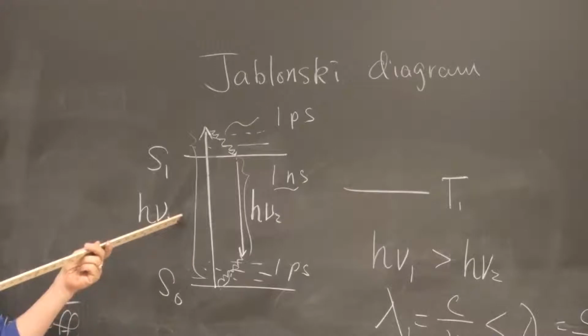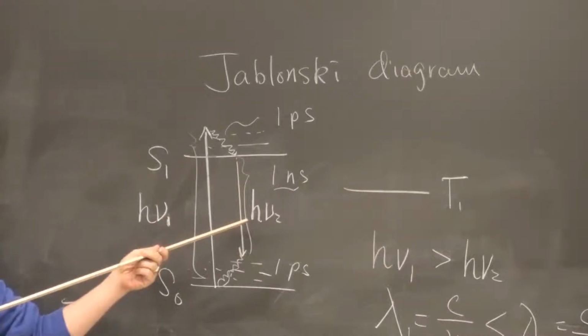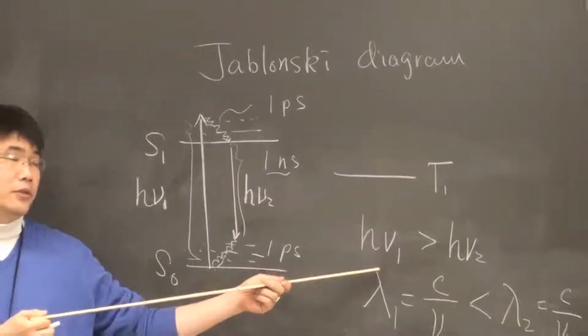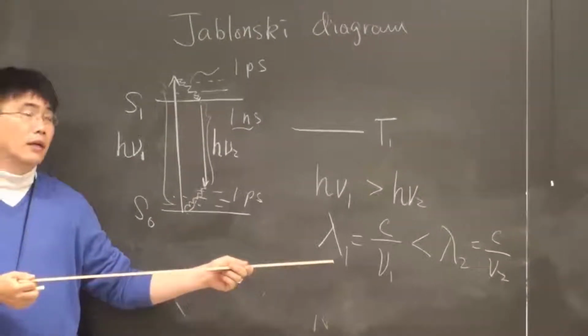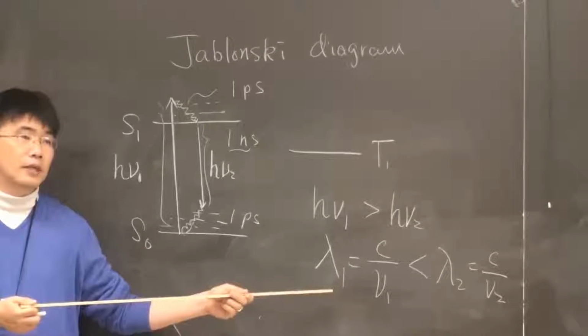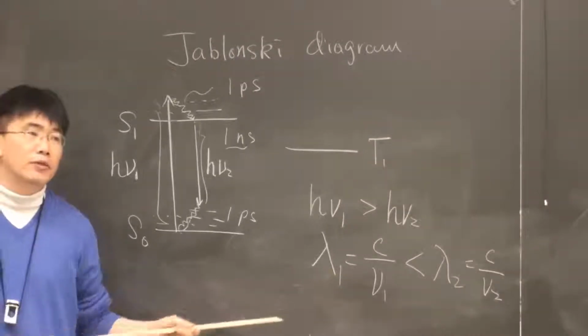So this is your laser light energy. This is your fluorescence energy. Energy is larger for your excitation than the fluorescence emission. Therefore, the wavelength of the light is shorter for the excitation light compared to the emission light.